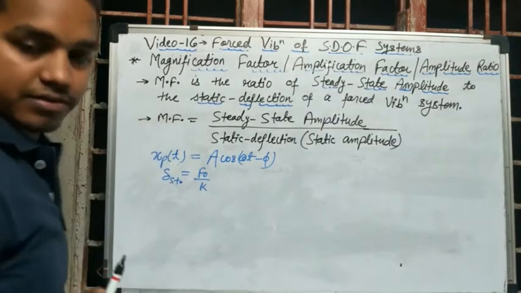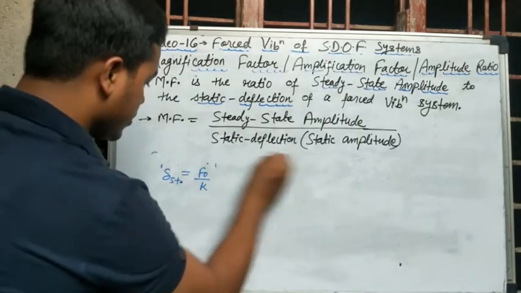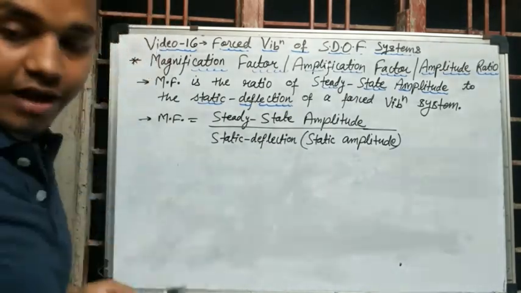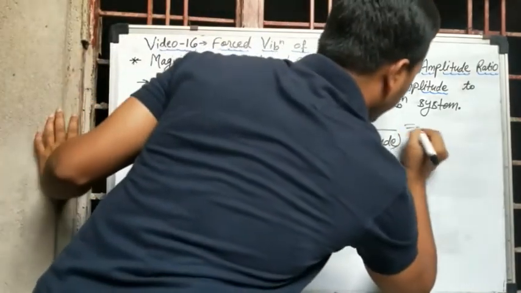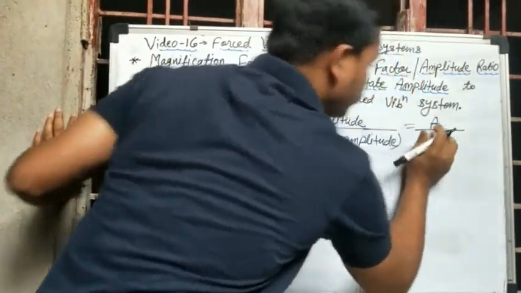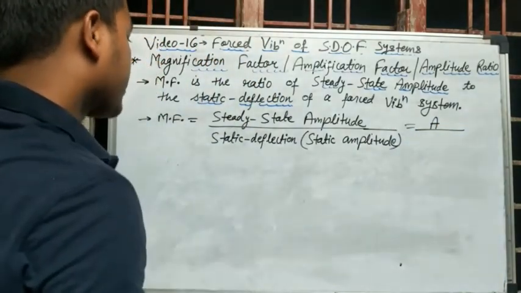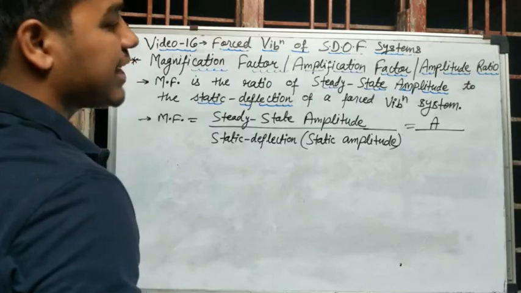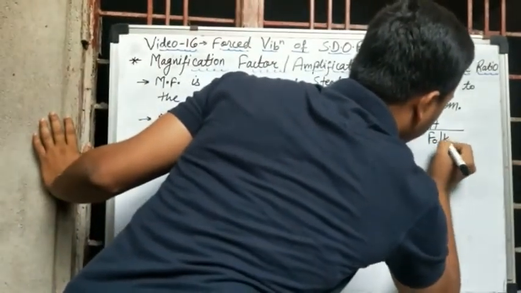Magnification factor. Right. So in the formula of magnification factor, I am going to write the steady state amplitude as A, the amplitude of the steady state response, divided by the static deflection, F naught by K.